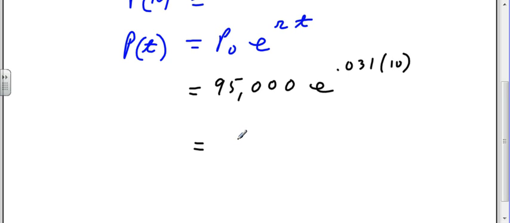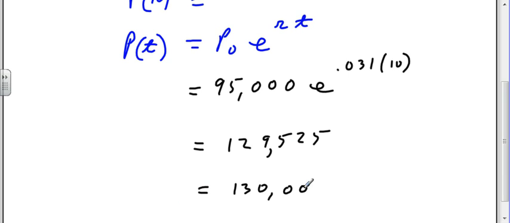And it looks like I've got 129525. And then I'd say, well, I probably don't have 3 significant digits, so 130,000 would be a better number.